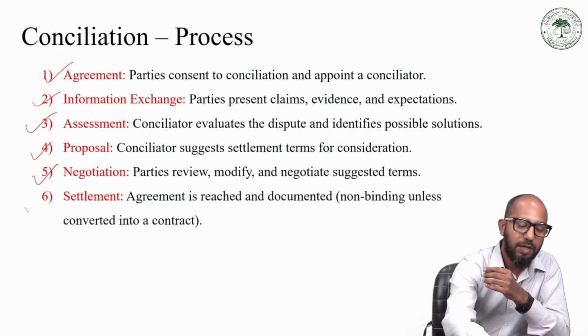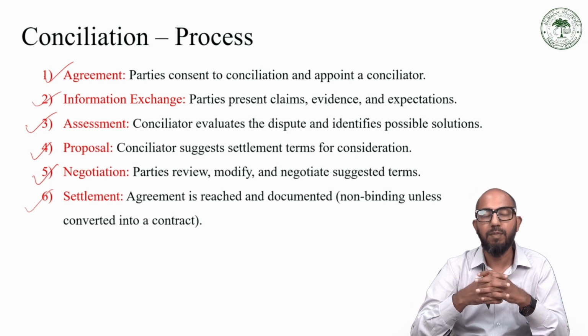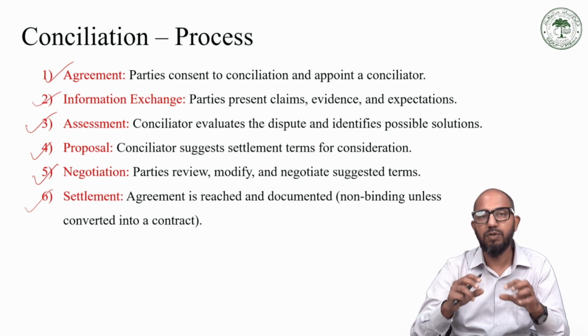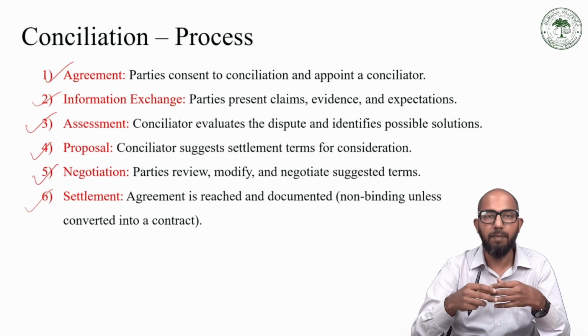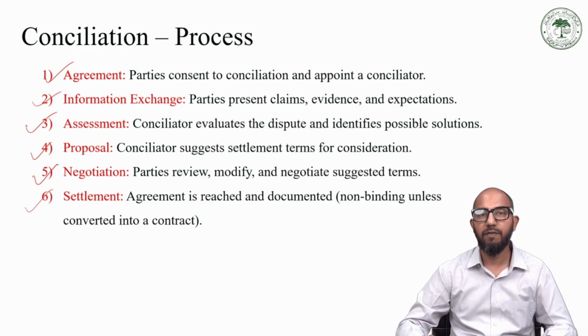And finally, it is settlement. That is, agreement is reached and documents are drafted where the conciliation terms are written. Generally, the conciliation terms are non binding, but they can be converted into a contract if parties agree to the same.